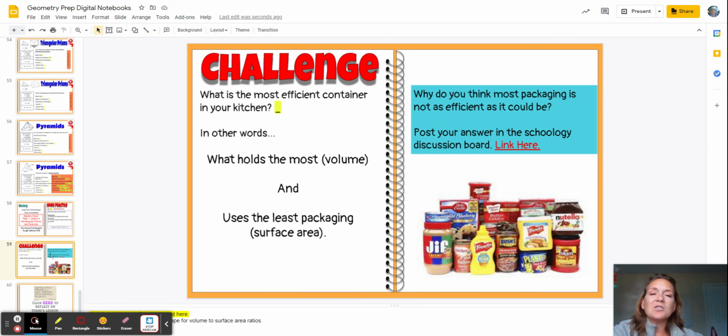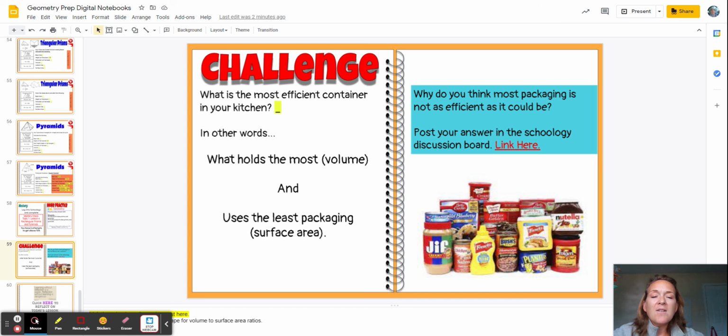And then your challenge, because I think all of you need to go do this challenge today, it kind of pulls together day 3 and day 4. I want you to look at the different containers in your kitchen. Find 3 of them, okay? Figure out the surface area and the volume, whether it's a cylindrical peanut butter container or a can of beans or a can of vegetables, or whether it's a box of something.